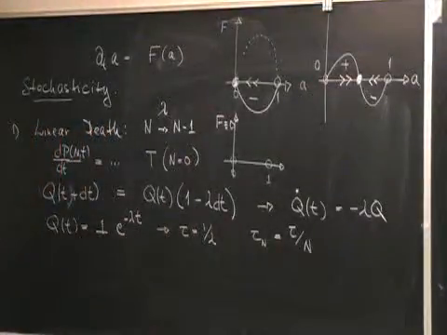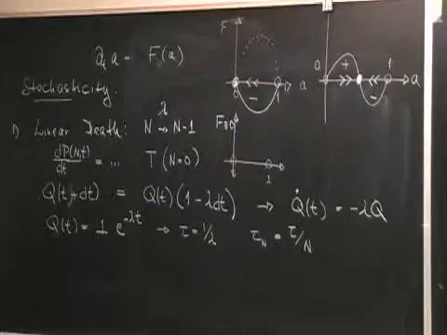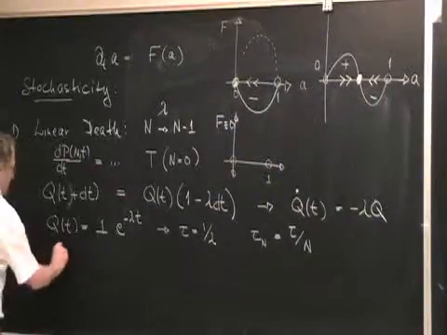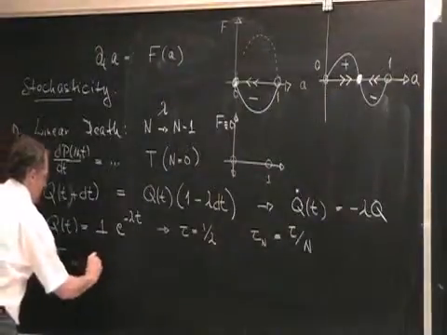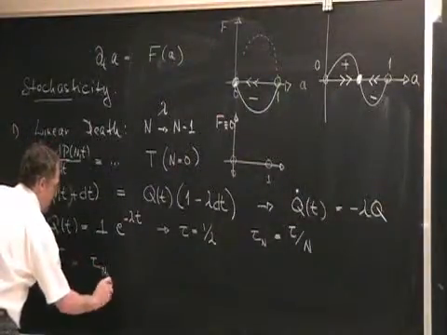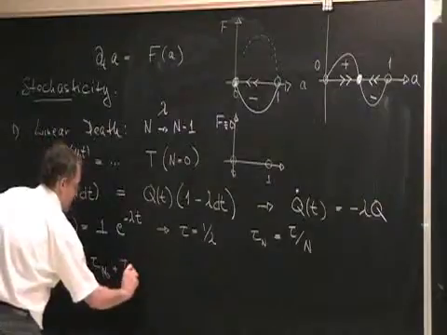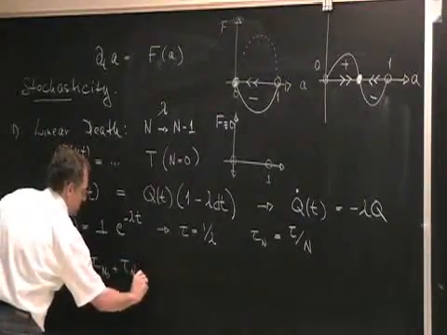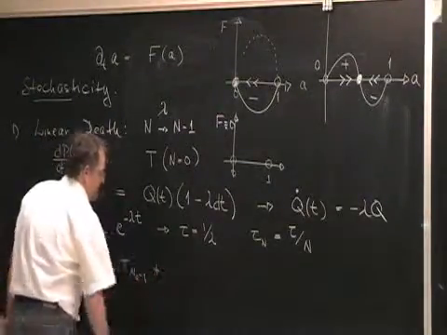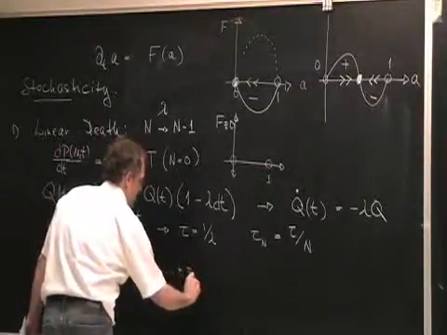Well, now I'm ready to write down the time it takes for the system to die out. I simply add up the times it was of size n naught, it was of size n naught minus 1, etc., plus t of 1.